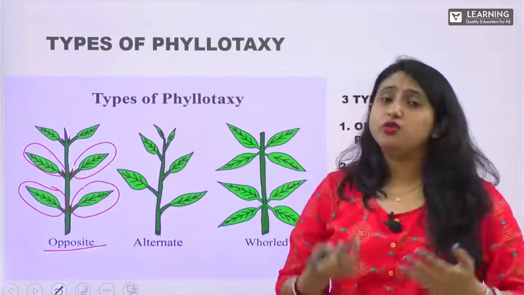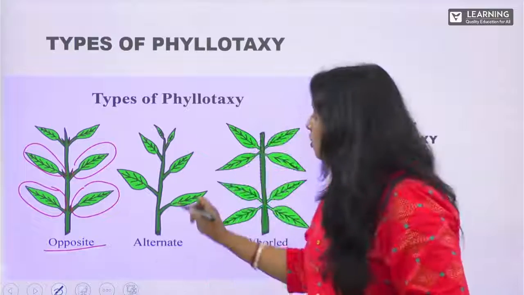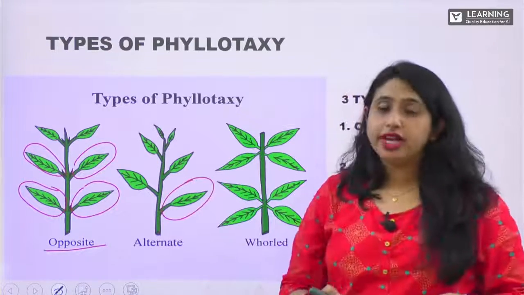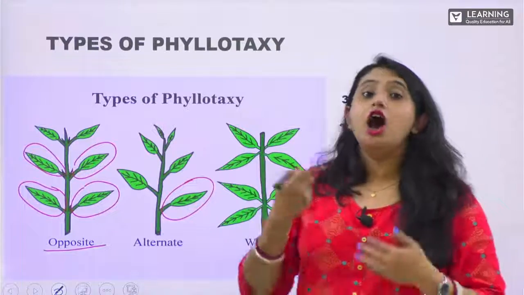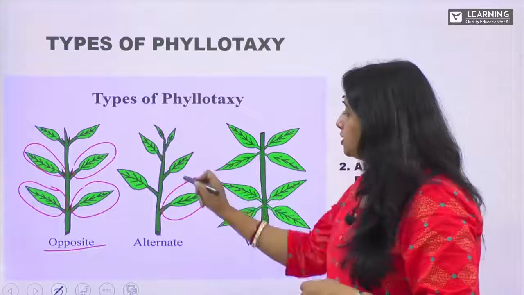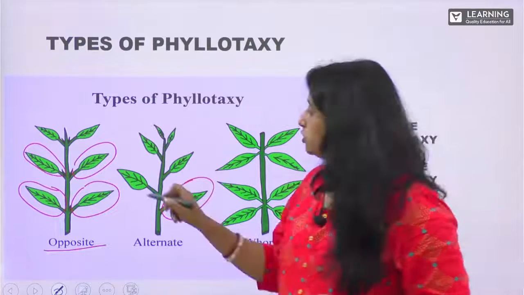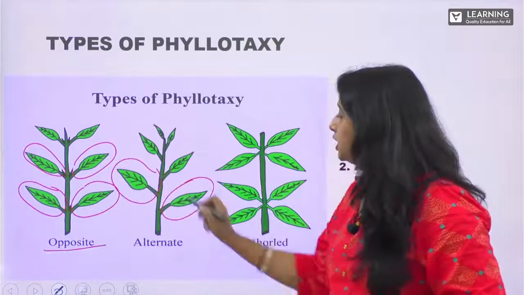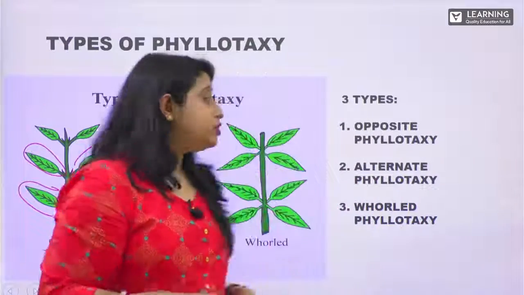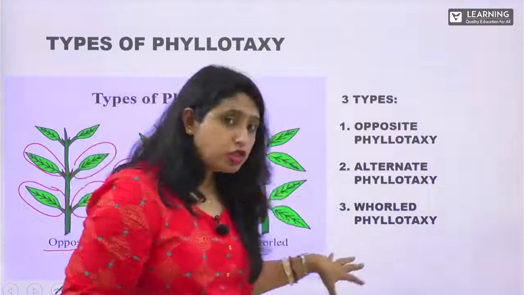Very, very simple. This is one of the easiest chapters. Now, alternate means it is arranged in an alternate manner. That is, the leaves are arranged in an alternate manner in the stem or the branches. So this is your alternate phyllotaxy. So you can see, right? The leaves are arranged in the nodes in an alternate manner. Now next one is what? Next one is your whorled phyllotaxy.